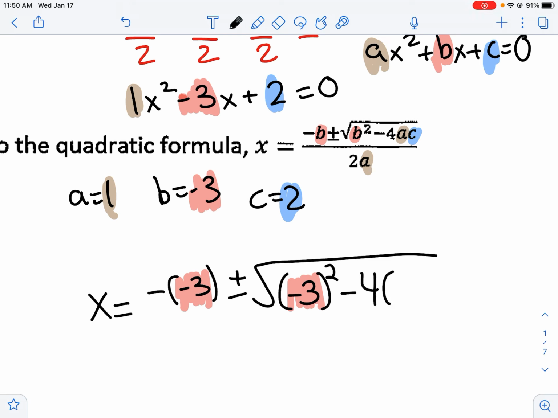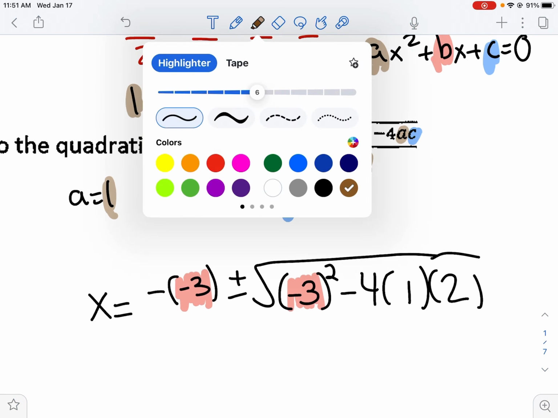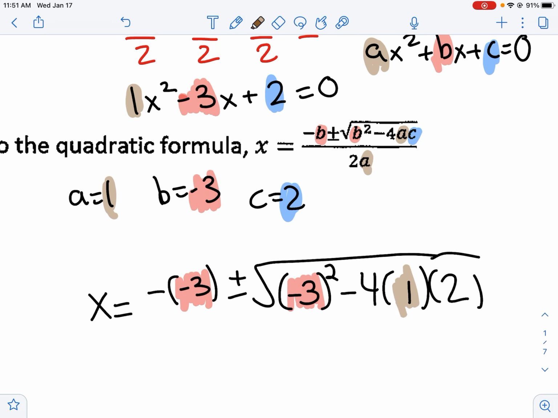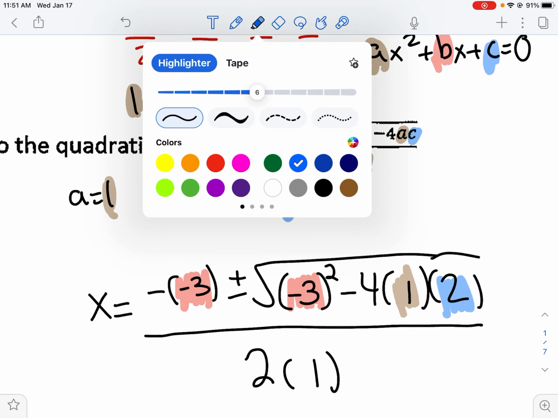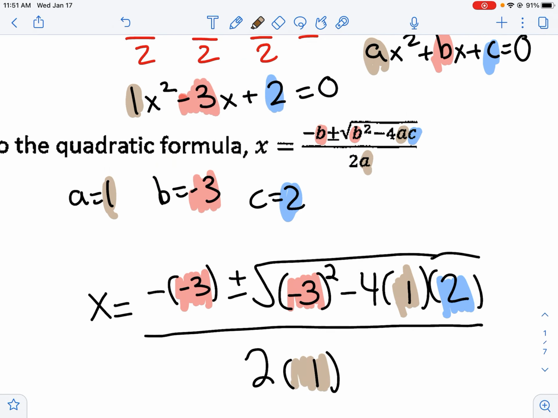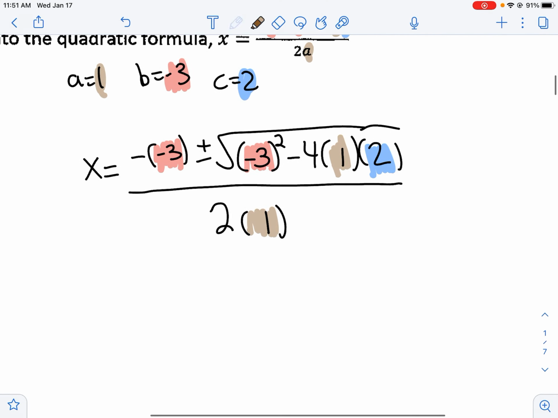You're going to have minus 4ac, where a is 1 and c is 2, and all of this is going to be over 2a right there.